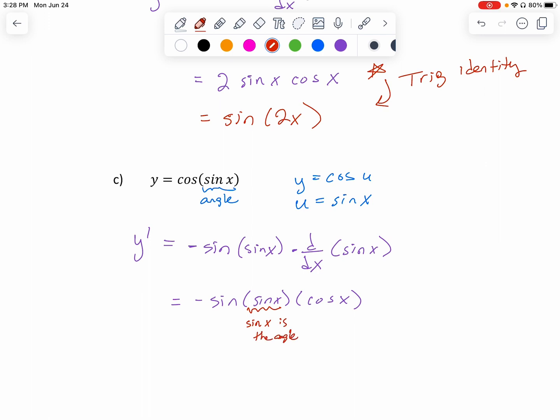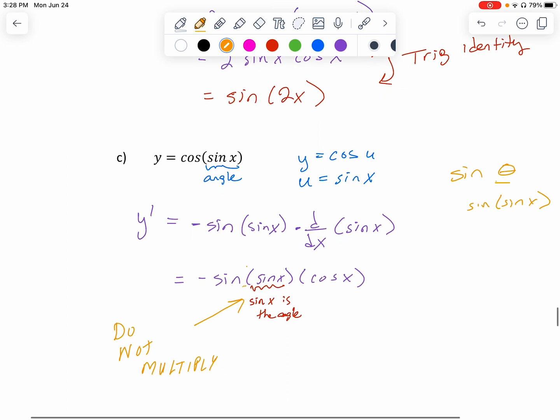So do not multiply those. It looks like the same symbol because of the parentheses, it means multiplication, but notice there's nothing else here, right? Sine means nothing by itself. It has to have an angle with it. So that angle happens, in this case, to be sine of x. So it looks kind of funny, but that is our final answer.